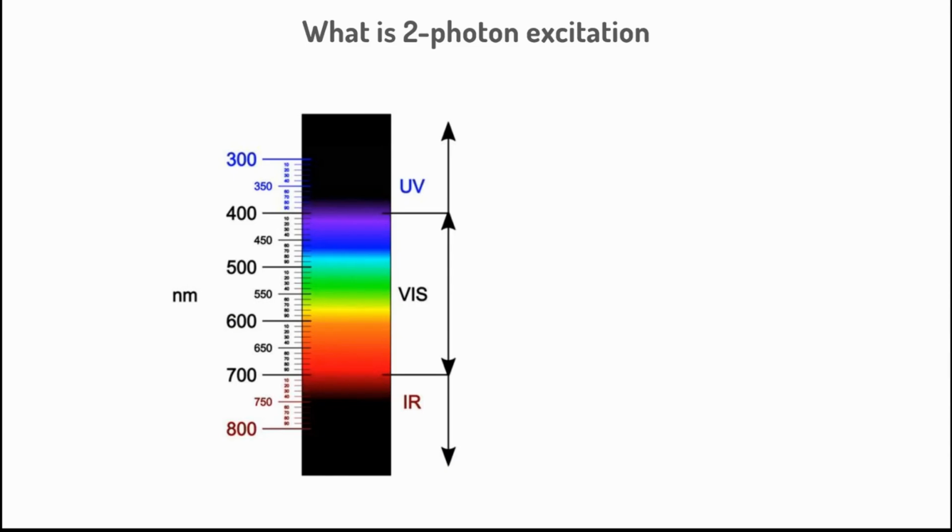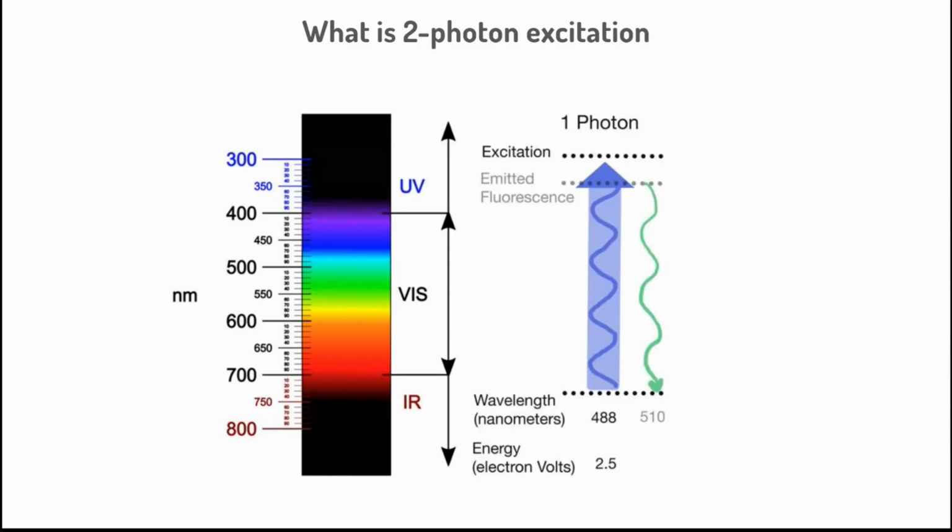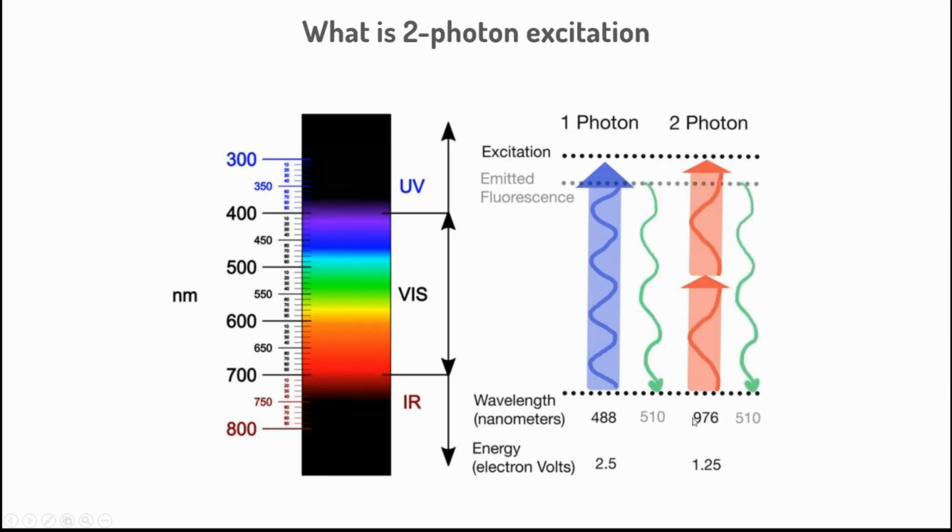So how does two photon excitation work? This is the Jablonski diagram, a little bit more fancy, but it's the same as before. You excite, for example, with blue light and you receive green light. In the two photon, the electron or the fluorophore will absorb two photons of lower energy, in this case 976 nanometers, or 920 or 820.